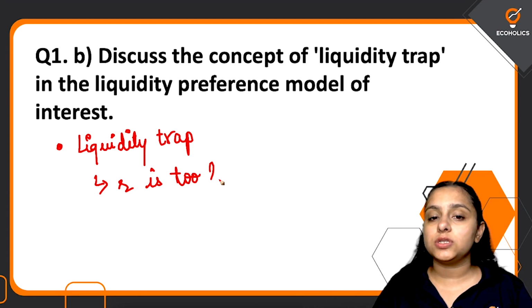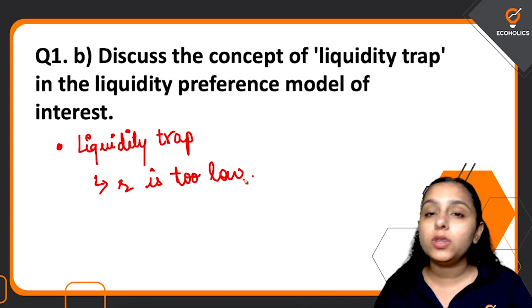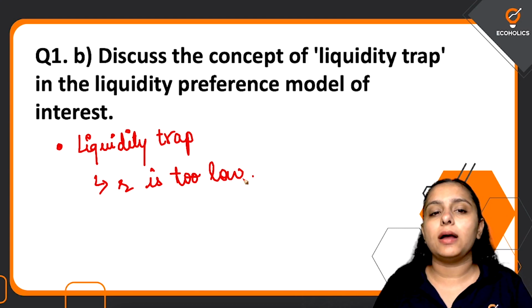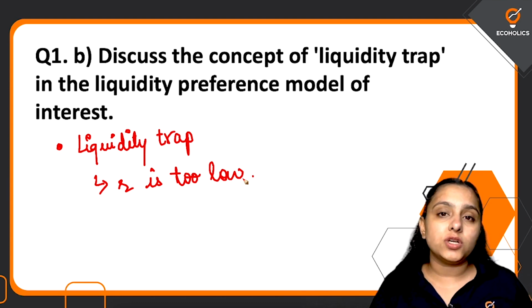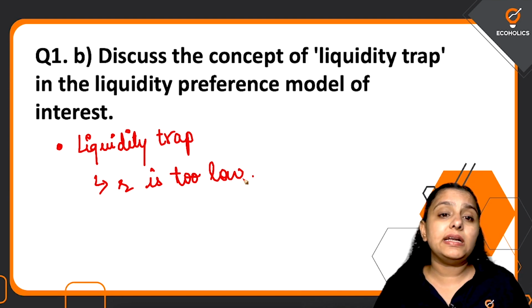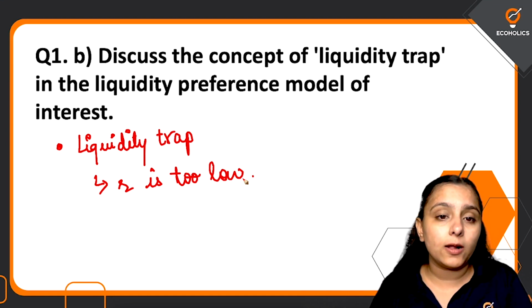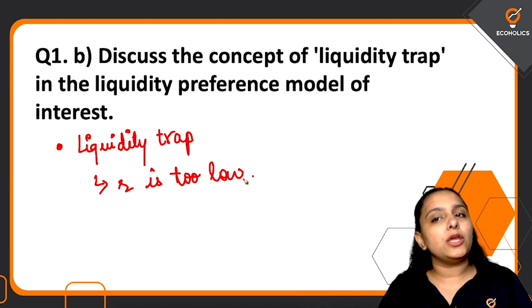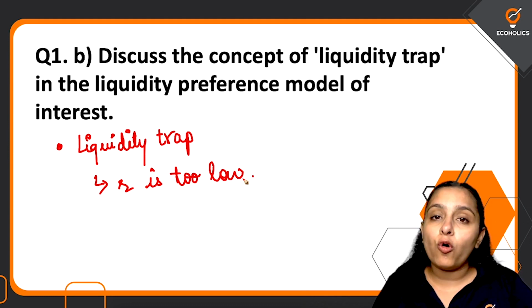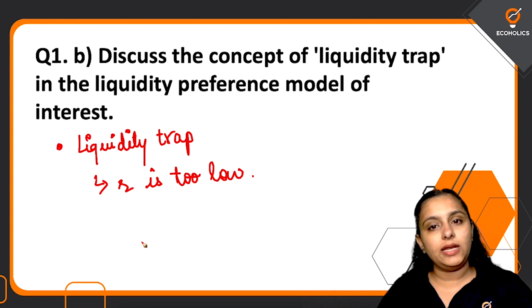The rate of interest is so low that it doesn't incentivize people to put their money into assets or into a bank. So whatever money is supplied to you will be demanded by you in cash form. You want all of your wealth in liquid assets. This is the situation of a liquidity trap.